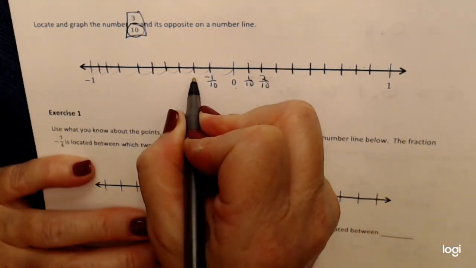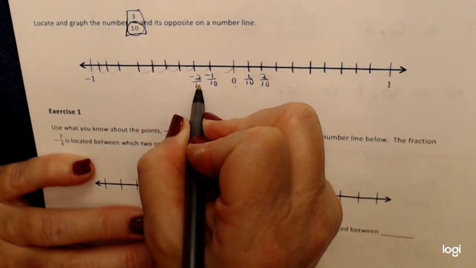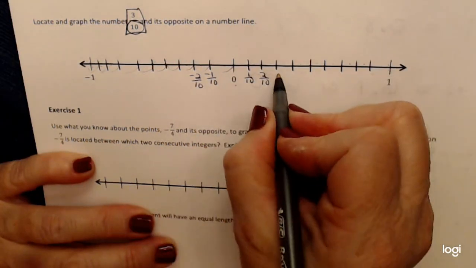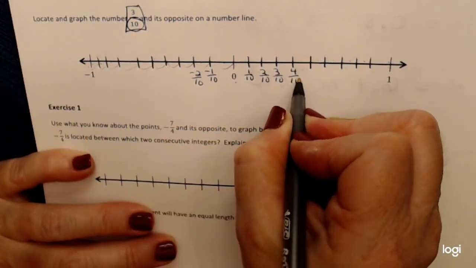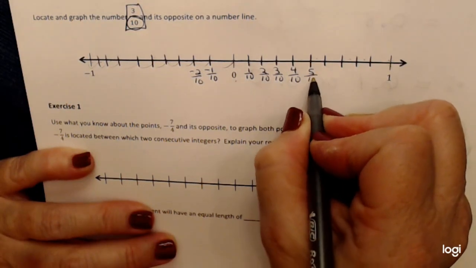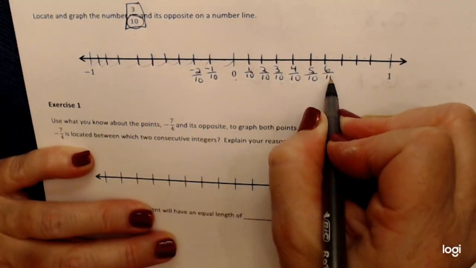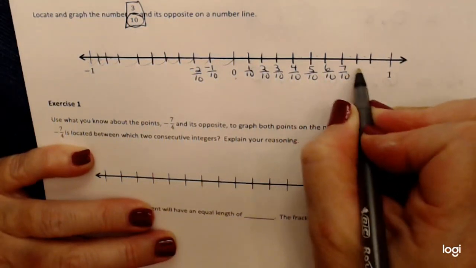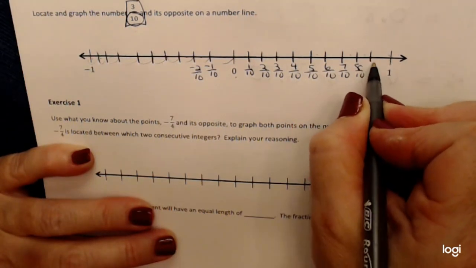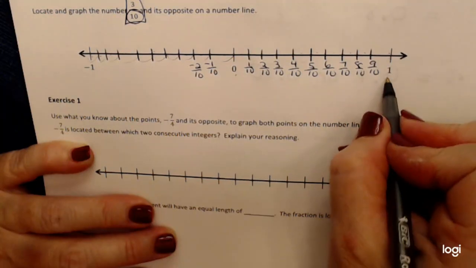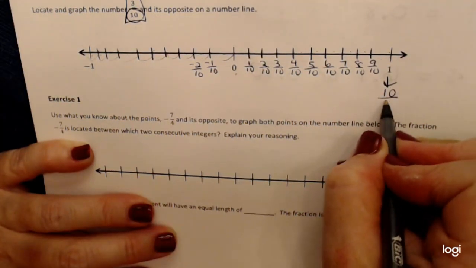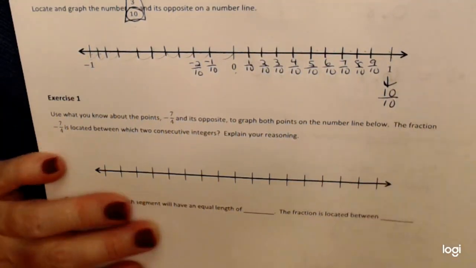The opposite would be -2/10. Start at 0, we're going to go to 3/10. I'm going to continue doing my positive ones. 4/10, 5/10, 6/10, 7/10, 8/10, 9/10, and of course, this is going to be equal to 10/10 because 10 over 10 is equal to 1.